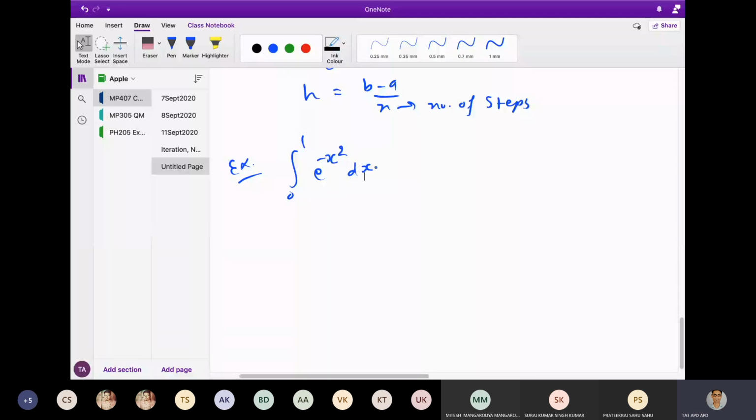We want to obtain the approximated value of this integral by the trapezoidal rule with 10 steps. So these are the number of steps given to us. From that we can find the step size, which is h equal to b minus a upon n, that is 1 minus 0 upon 10. So this is going to be 0.1.